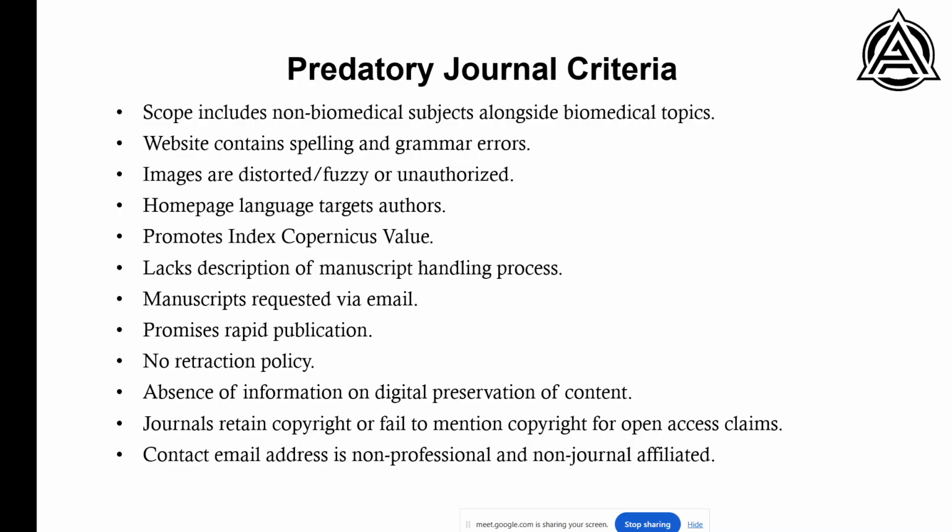For example, if the server goes down for a day or two, whatever articles are published in that particular journal have to be online so that everyone can access them without any complications, right? So that's why most legit journals digitally preserve their contents, the published articles, through multiple repositories, like how we have the CORE repository.